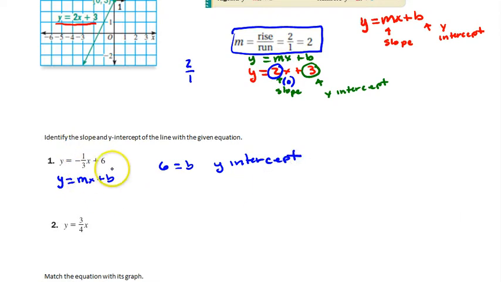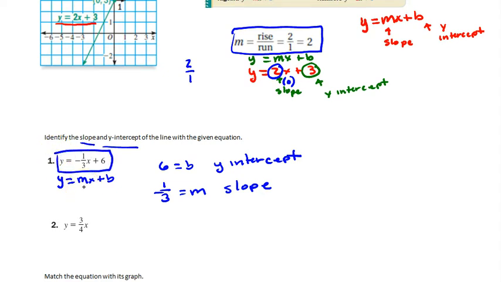And negative 1/3, which is in the place of m, would be our slope. So we have easily identified the slope and the y-intercept because our equation was in slope-intercept form.